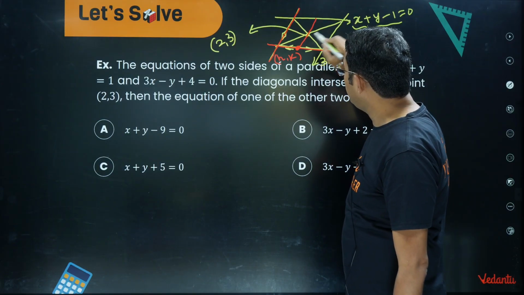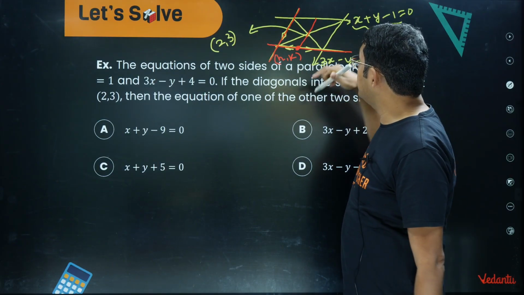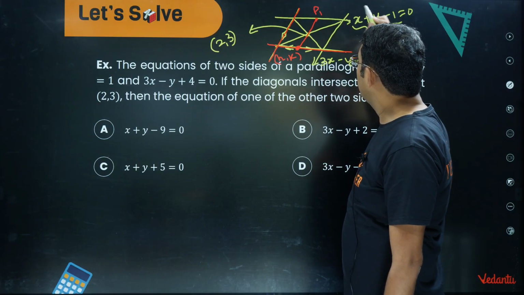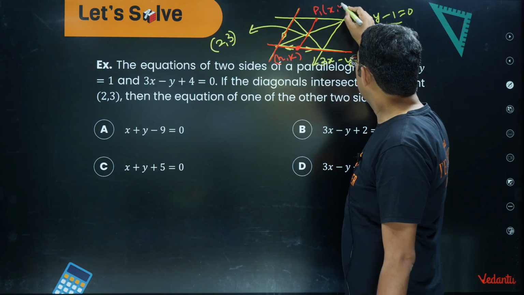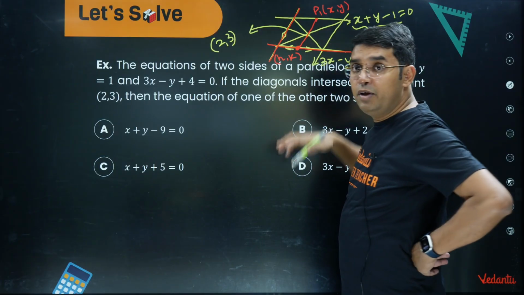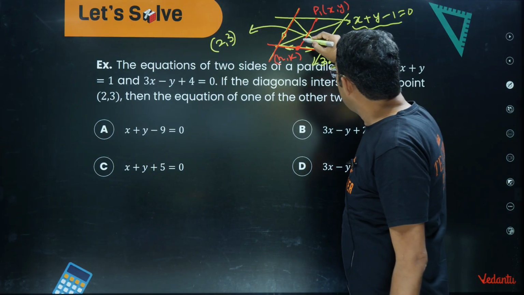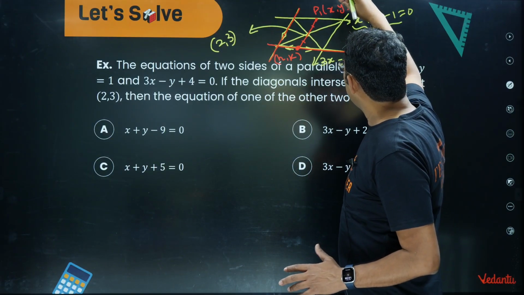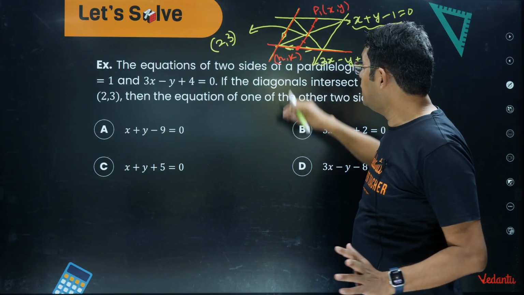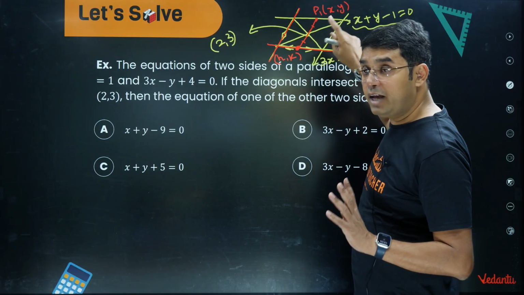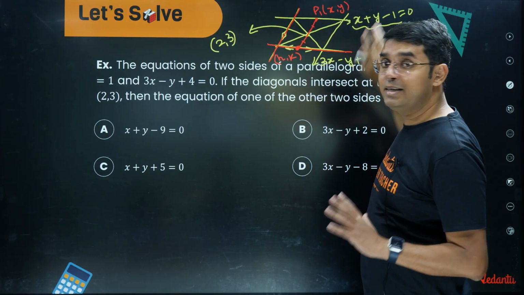If you join this point (h, k) with (2, 3) and extend it further, and take this point as, let's say, P1, that is (x, y). By symmetry, because this is the point where the diagonals intersect, these two have to be the same in length. That means the midpoint of this and (h, k) should be (2, 3), whereas (x, y) is lying on this line.